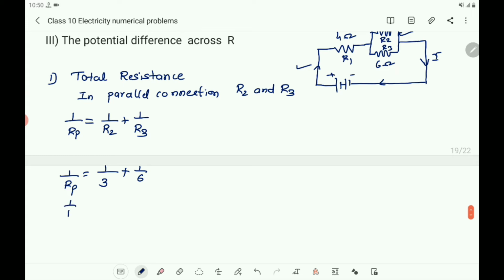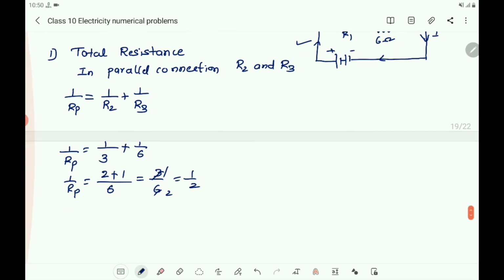Take the LCM. LCM is 6. So 2 plus 1, that equals 3 by 6, and 3 by 6 is 1 by 2. Therefore 1 by Rp equals 1 by 2, so Rp equals 2 ohm.